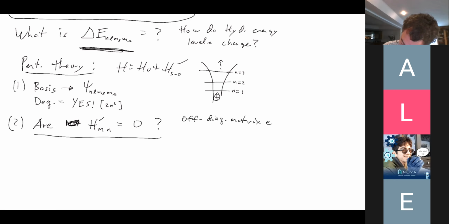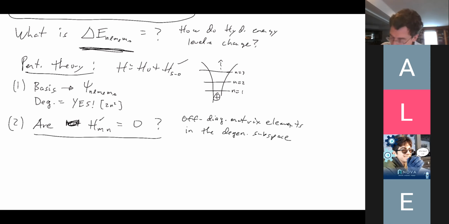That's correct, but it still doesn't tell the whole story. Which off-diagonal matrix elements? In degenerate subspace? Exactly. In the degenerate subspace.